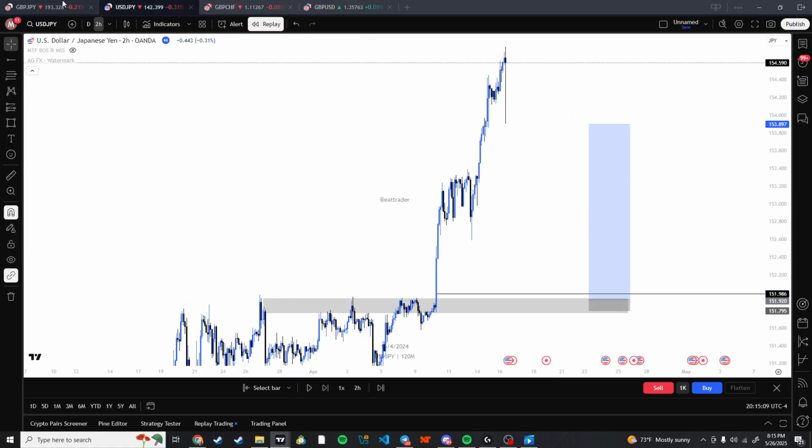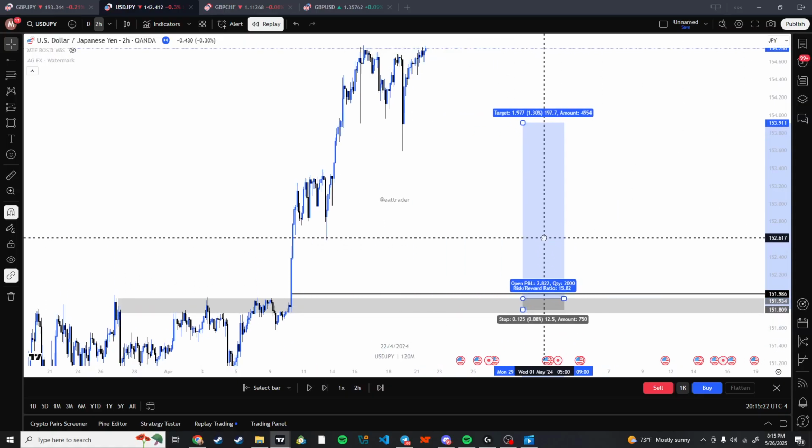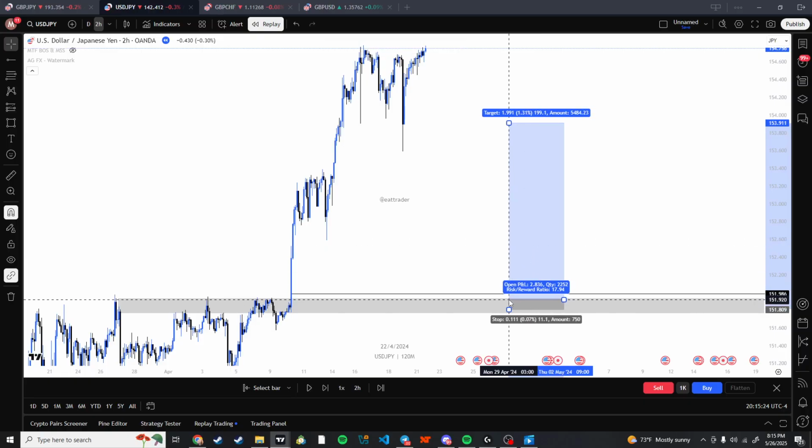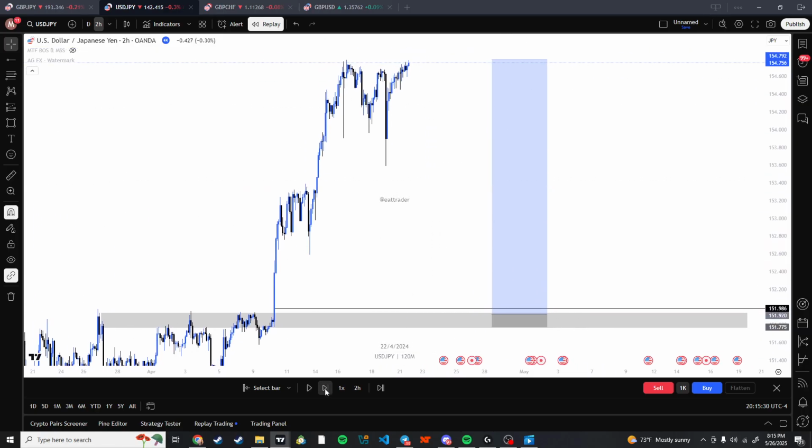Alright. Let's go back. I'm really hoping for a tap. This thing will absolutely fly if I get tapped in, or I'll get humbled. Let's see. Same entry. Now I have an even bigger target up here.